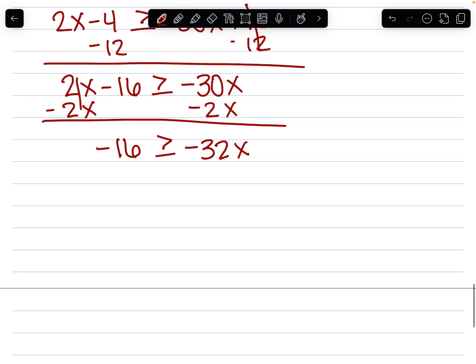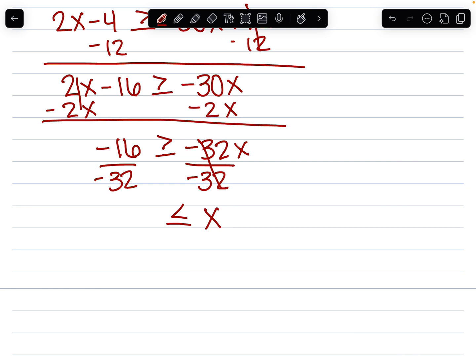What's my last step, everyone? Divide by negative 32. What did we just do that we haven't done yet? I do have to flip my sign. It was originally a greater than sign, now it's switching to a less than.